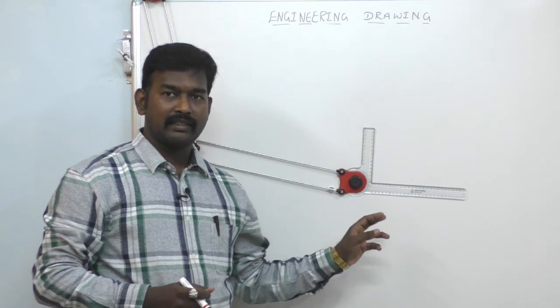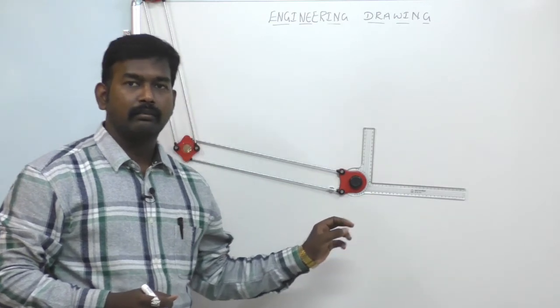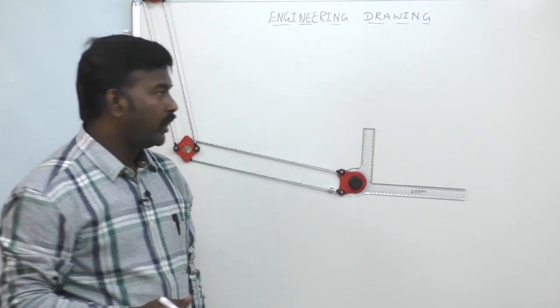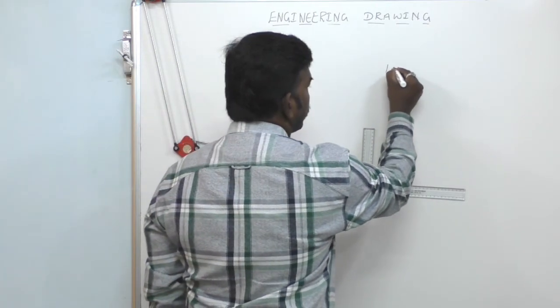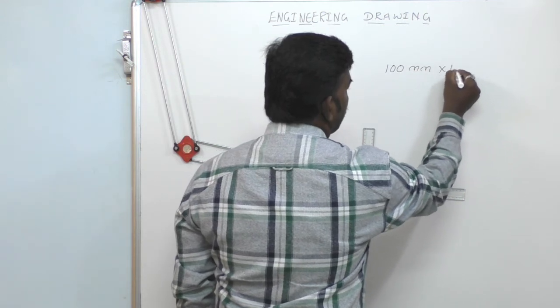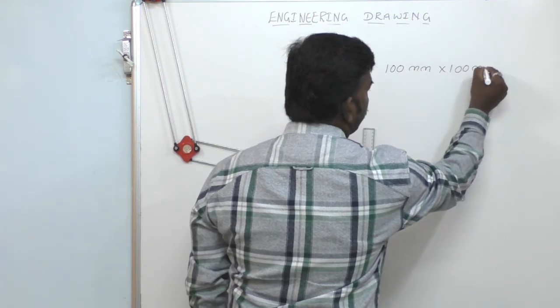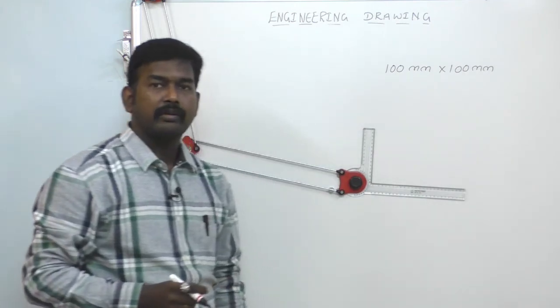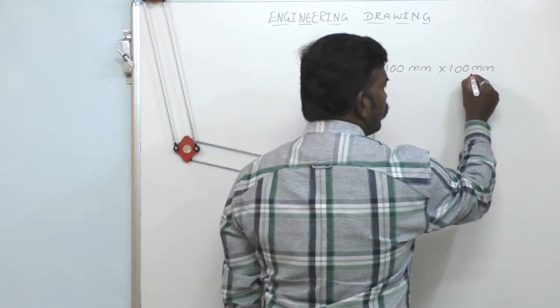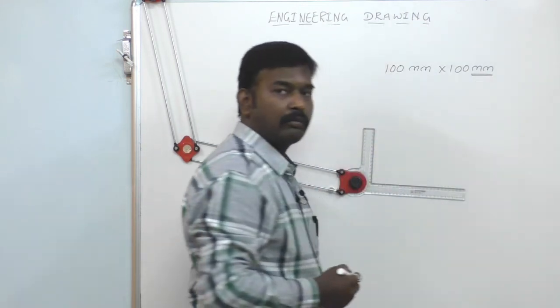So now let us discuss simple drawings using the mini drafter. Suppose we want to construct a square of 100 mm by 100 mm. The most important thing in engineering drawing is that every dimension is in mm only.